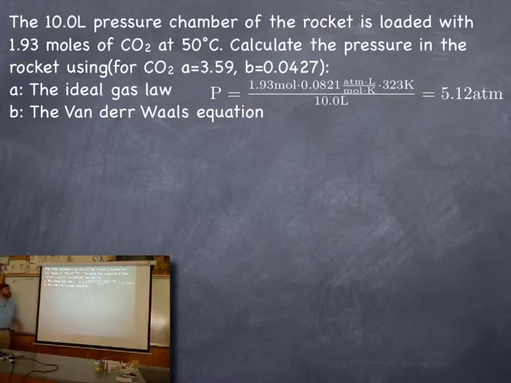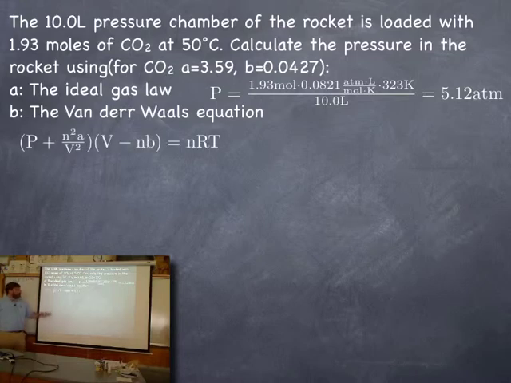All right. Here's our van der Waals equation. You should start with this. We know n, we know V, we know a, we know b, and we know n, R, and T. Substitute in for all those things.